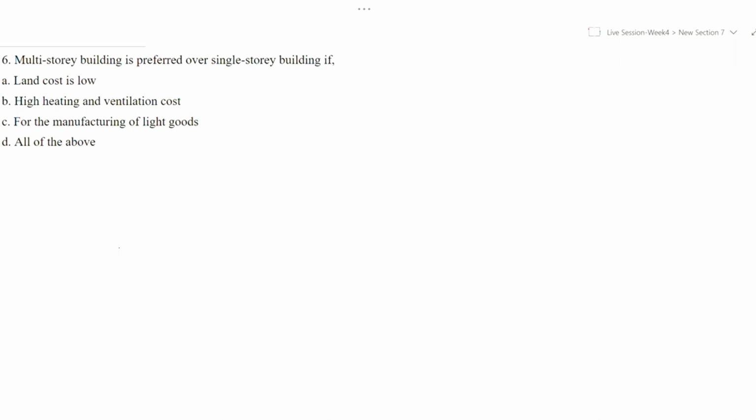And the biggest factor is that when very heavy machinery is required for manufacturing, they usually don't prefer a multi-story building as it is not feasible for the smooth functioning of the plant.